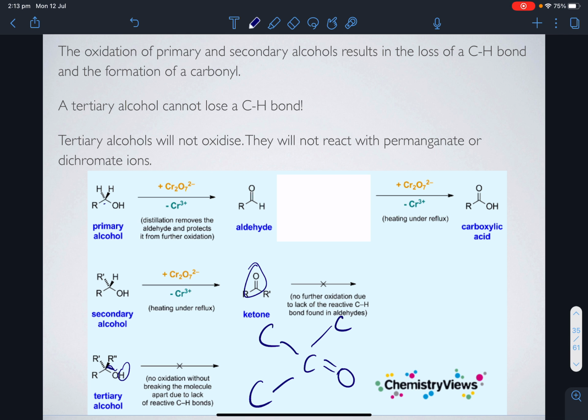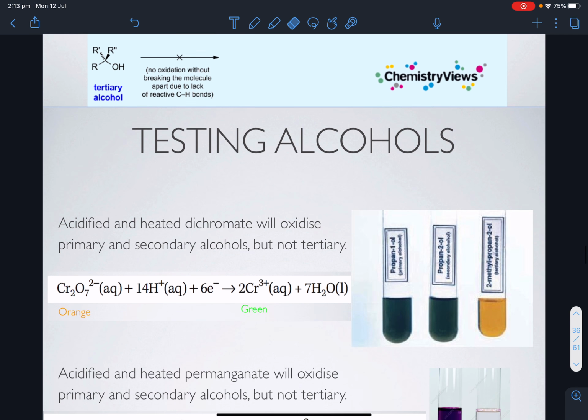Suddenly, if it has to oxidize, it's got to form 1, 2, 3, 4, it's now got 5 bonds, and it can't do that. So there's no way that a tertiary alcohol can oxidize. Tertiary alcohols will not oxidize. They cannot form an extra carbon-oxygen bond because their bonds are already taken up by being carbon to carbon. Primary and secondary alcohols will oxidize, tertiary alcohols will not.